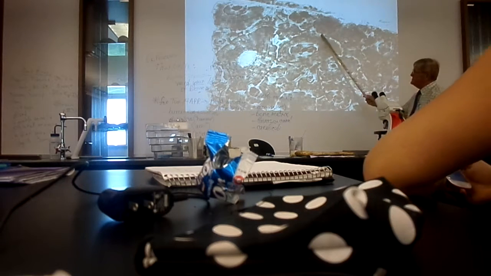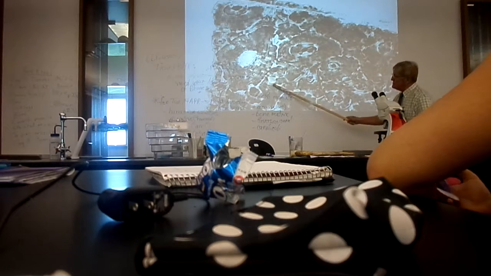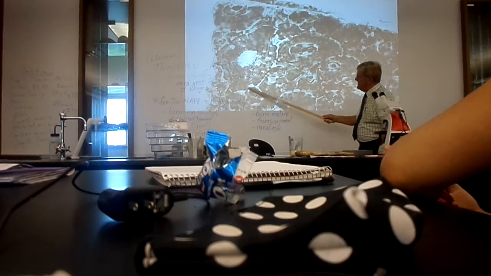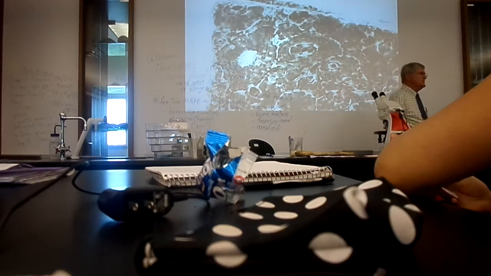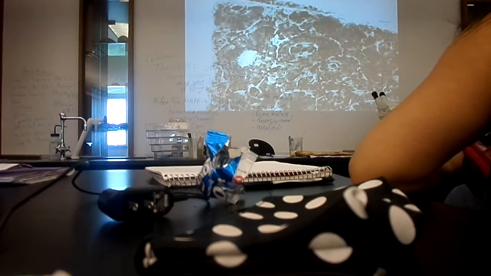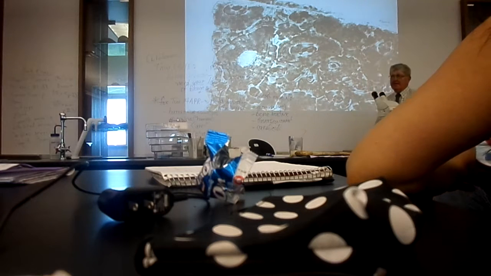But what you can see is that bone tissue is made up of repeating circles of bone matrix. And each of these circular regions is called a haversian system. In the center of a haversian system is an opening.